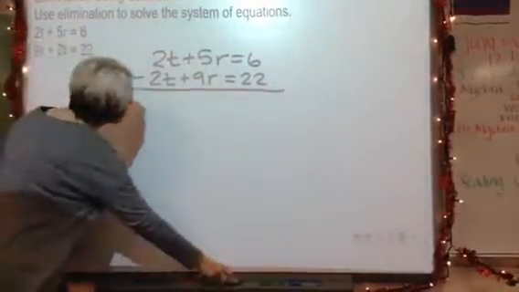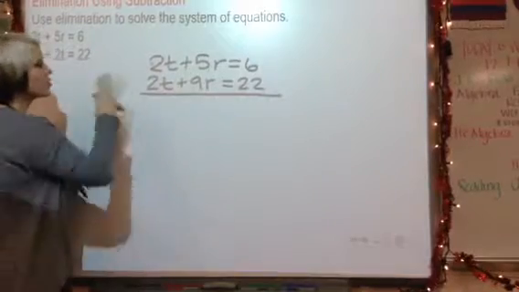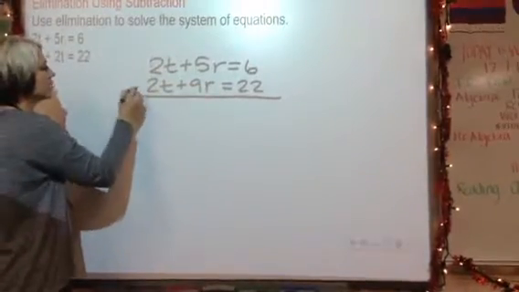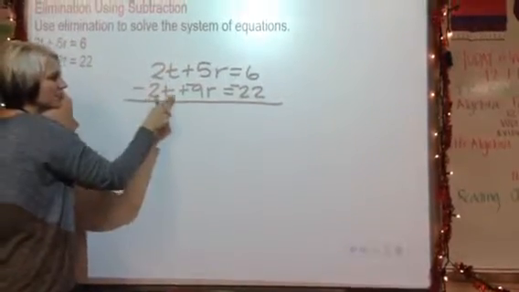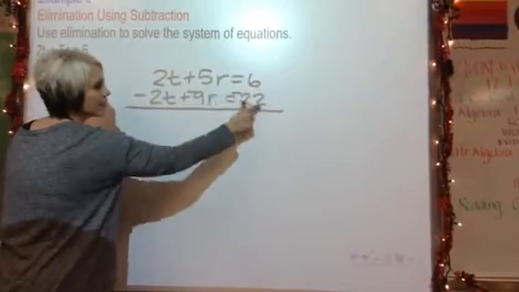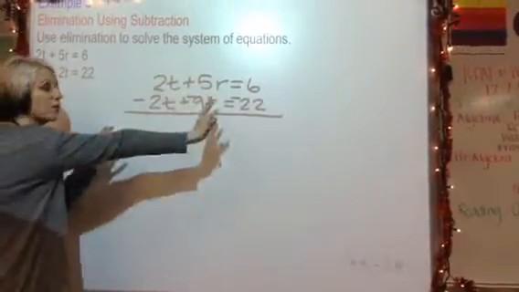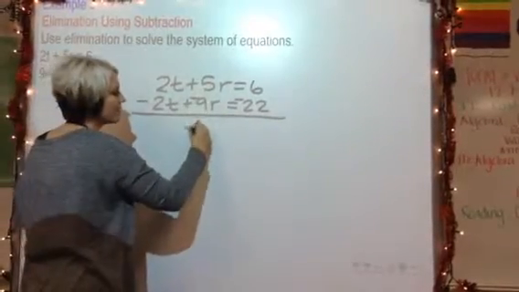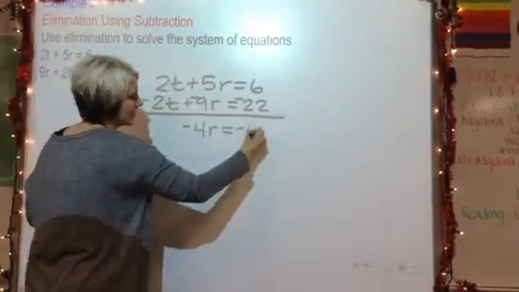And then I have some students that think, I'm not going to remember to come back to that, so they like to distribute the minus. And so that would look something like this. So I have 2t minus 2t, 5r minus 9r because it's a negative right here, 6 minus 22 because it's a negative. So you just figure out which method you want to use, but you have to subtract all the way across. So 5r minus 9r is negative 4r, and 6 minus 22 is negative 16.